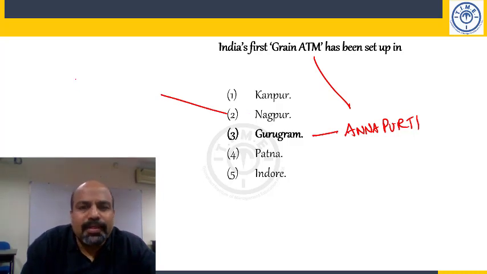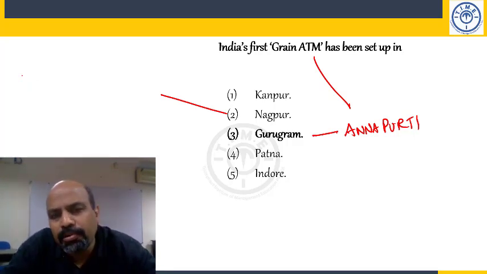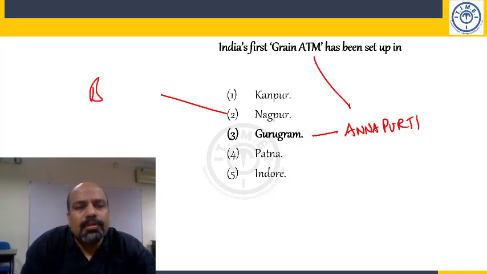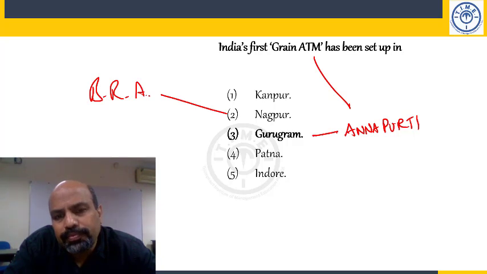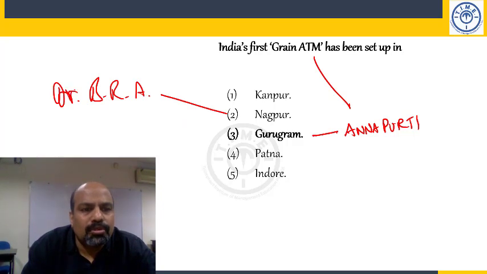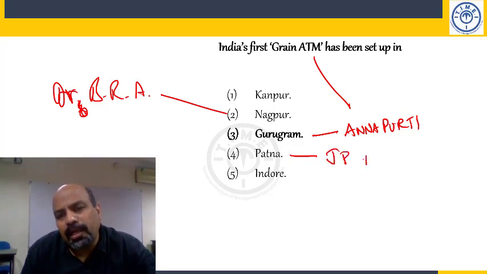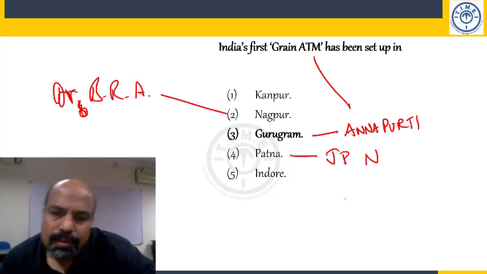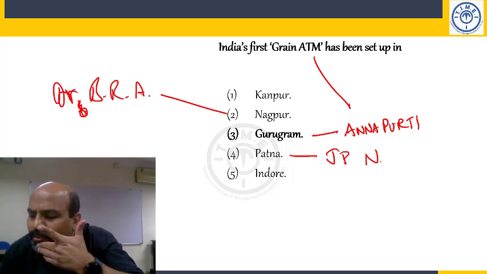Airports, I just want to tell you something. Nagpur has Dr. Babasaheb B.R. Ambedkar International Airport. Sorry, there should not be a dot here. Patna has Jayaprakash Narayan International Airport, Jayaprakash is one word.